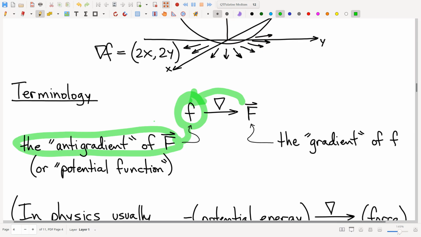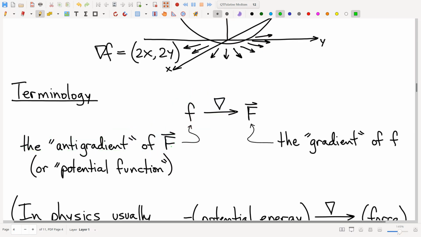What in the world else would anti-gradient possibly mean if not this, right? So I think it's just a self-explanatory terminology. And this is a term that's out there. This gets used here and there, but surprisingly to me, not as much as another term.